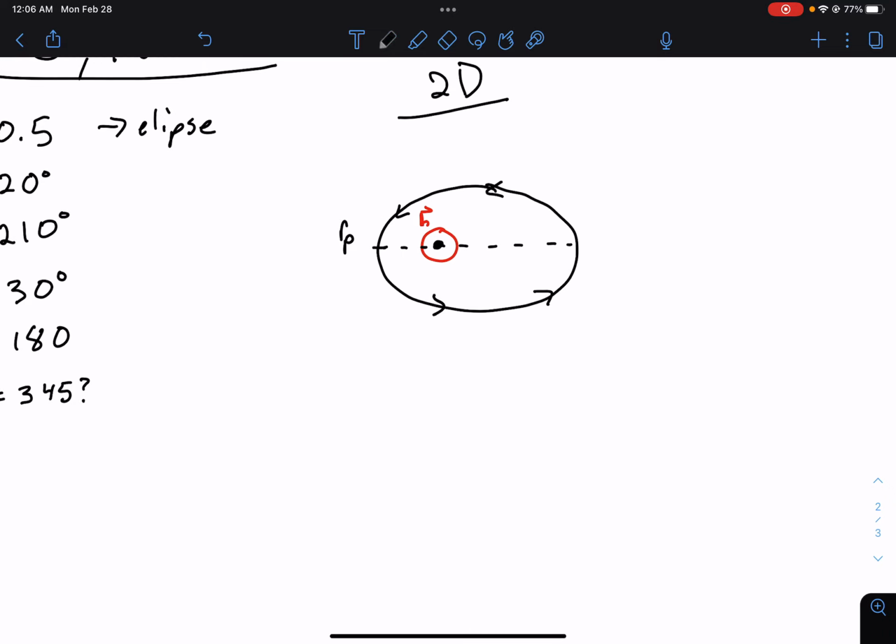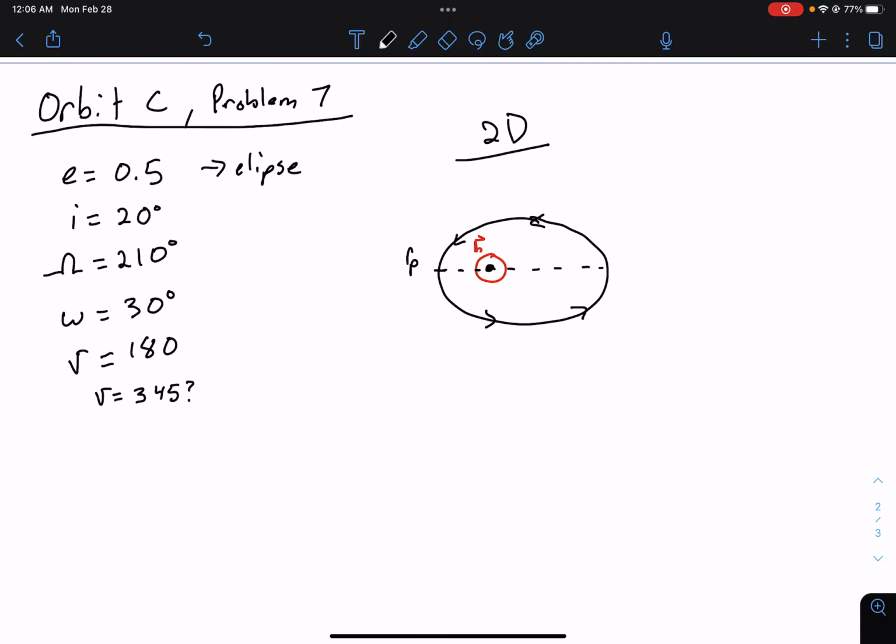What did I do? Okay, so ascending node, right? Okay, so 30 degrees. So we're just going to work backwards here at negative omega. Go ahead and draw this ascending node, descending node line.